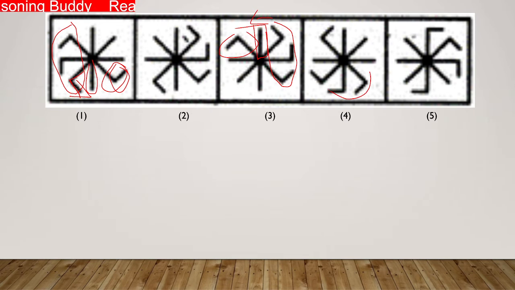So same as here. But in figure 2 we can see this L-shaped line facing in this direction. As usual, one line segment gives a gap before another L-shaped line, but here there is no L-shaped line. So that's why figure 2 is the odd one.